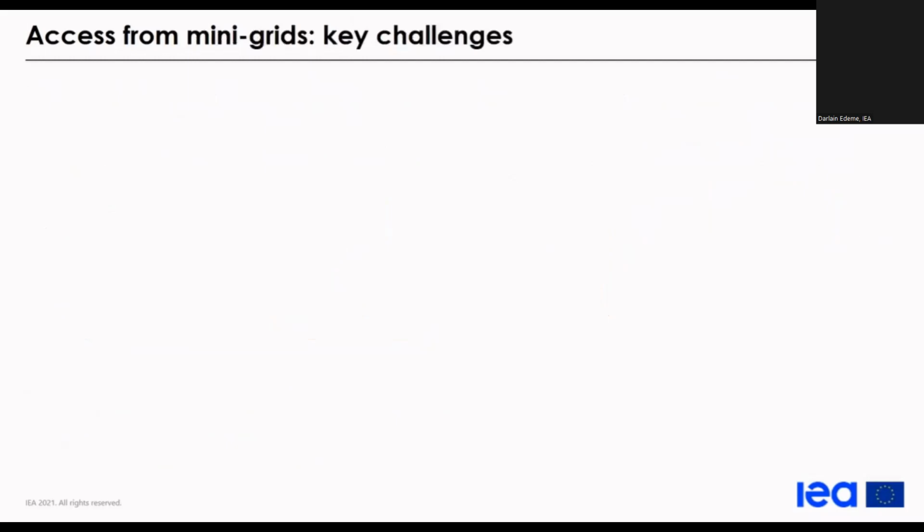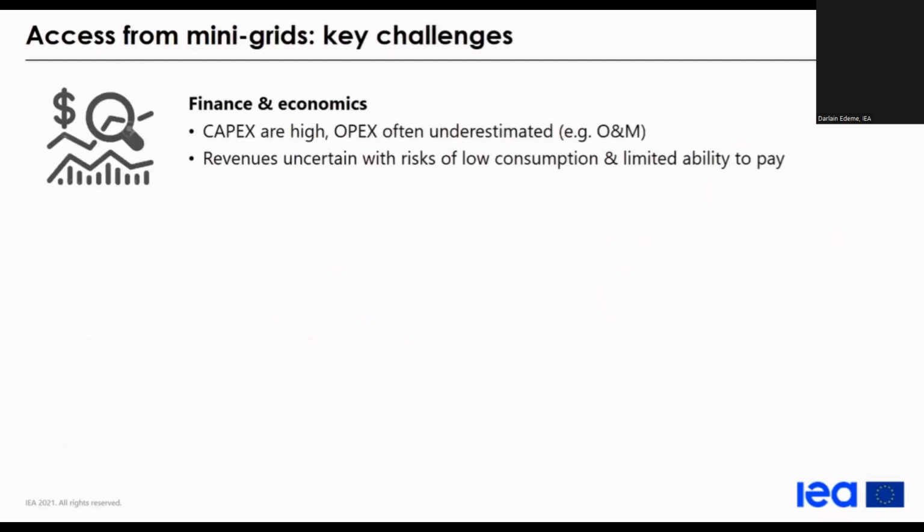When we look at mini grids, there are also some key challenges. One of them relates to finance and economics, because capex or investment cost can be relatively high, as well as opex, especially the operation and maintenance cost.